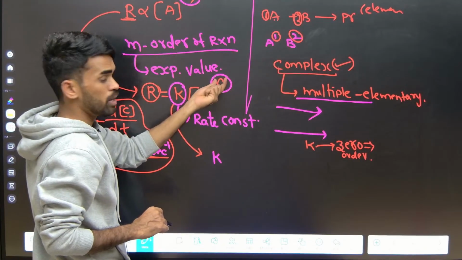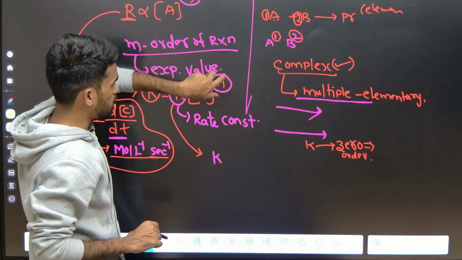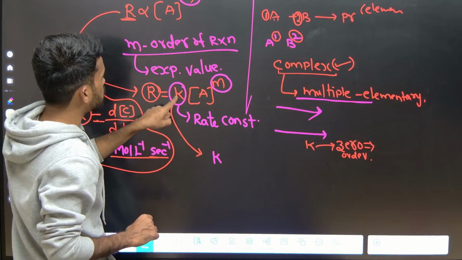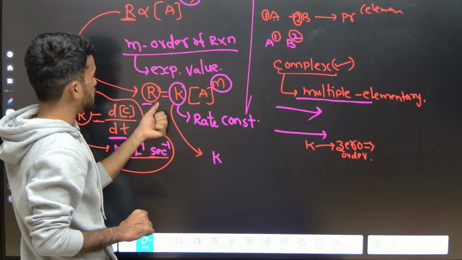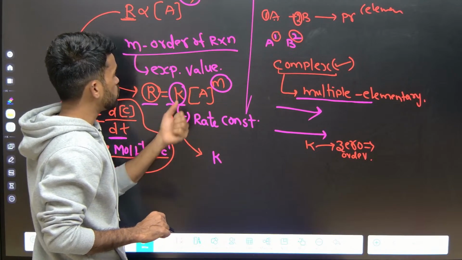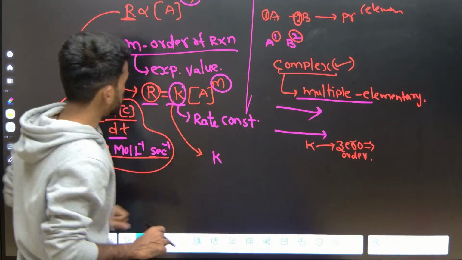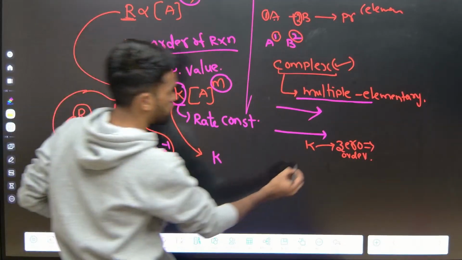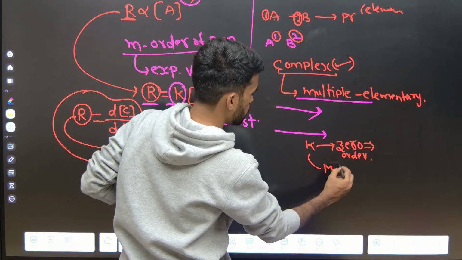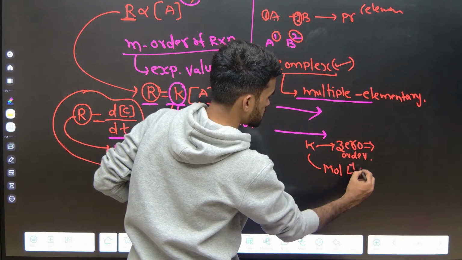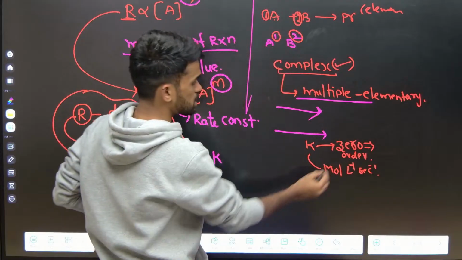Something to the power 0 is 1, so this term becomes 1, which means R equals K. So whatever the units of R are, those are the units of K in a zero order reaction. Therefore, the units of K for zero order are mole per liter per second.